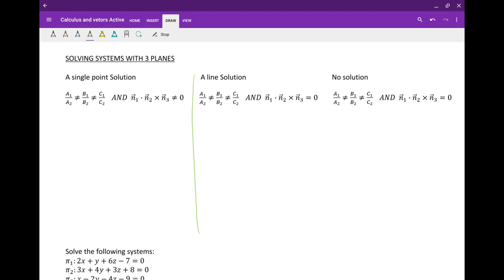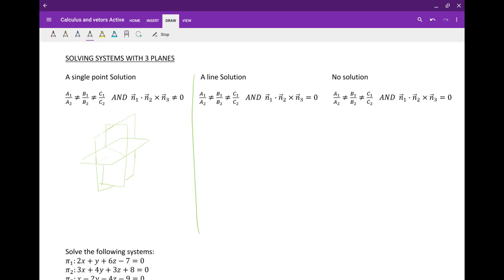So, as always, we'll start by looking at the possible solutions. A system with three planes is very much like yesterday's system, where you have two planes that intersect in a line like this, okay? And then you have a third plane that comes through like this, down like that, and over here, and so forth.